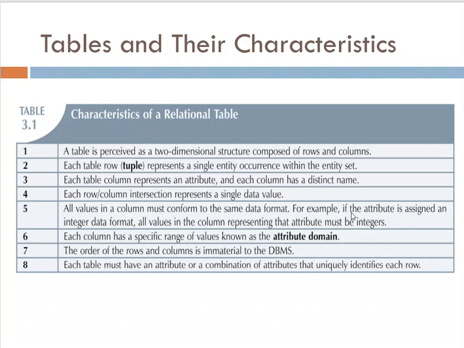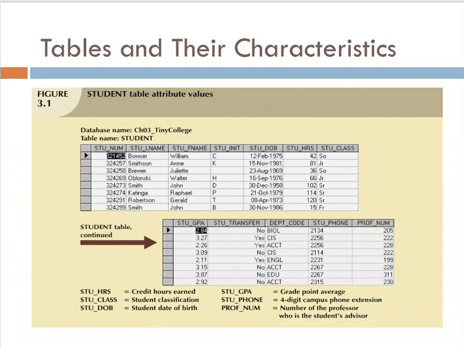Okay. For example, if the attribute is assigned an integer data format, all values in the column representing that attribute must be integers. Each column has a specific range of values known as attribute domain. The order of rows and columns is immaterial to the DBMS. Each table must have an attribute or combination of attributes that uniquely identify each row. Okay.